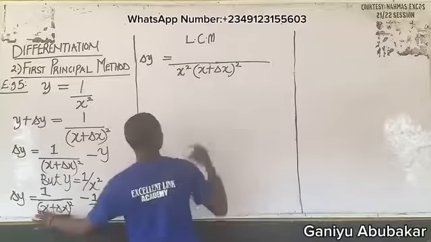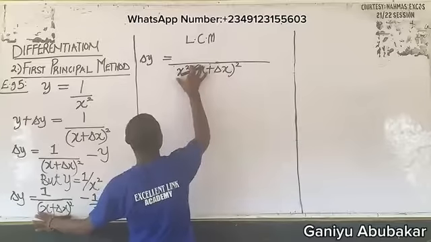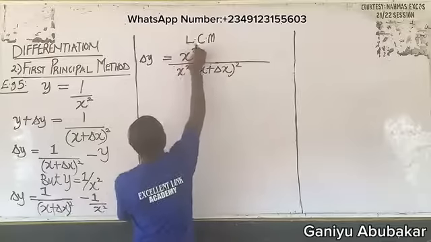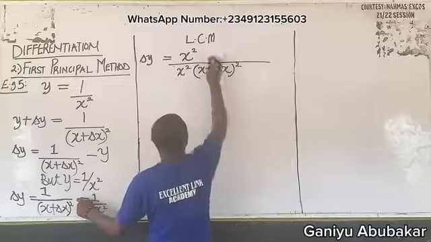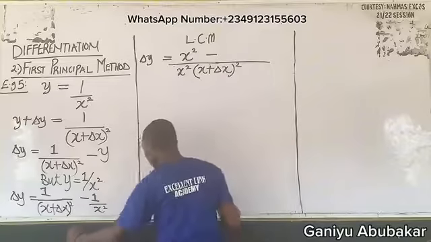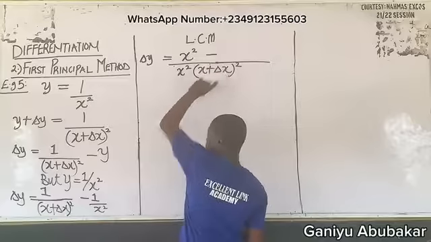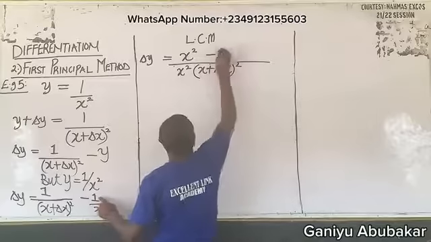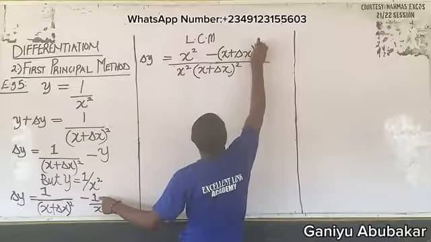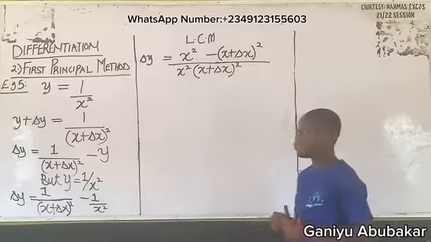If this cancels the same thing here, I'll have only this left, times 1, that's x squared. This is a minus sign. If this one cancels the same thing here, I'll have just this left, times 1, which gives x plus change in x all squared. So I have this expression in front of us.